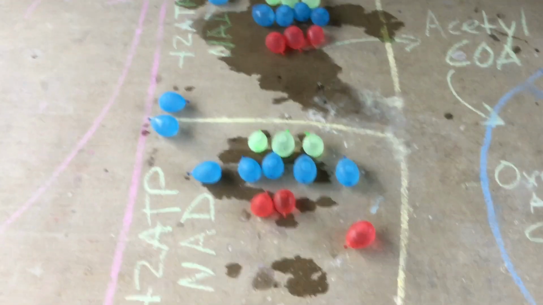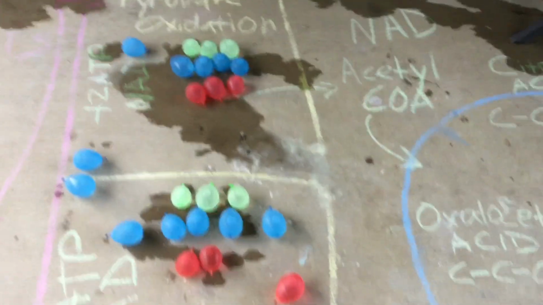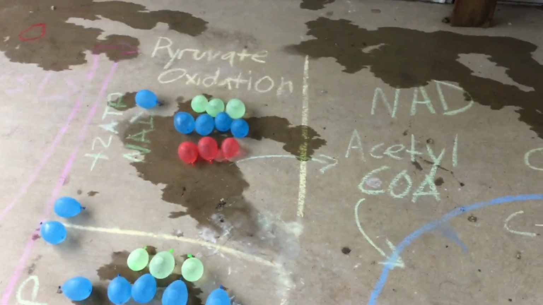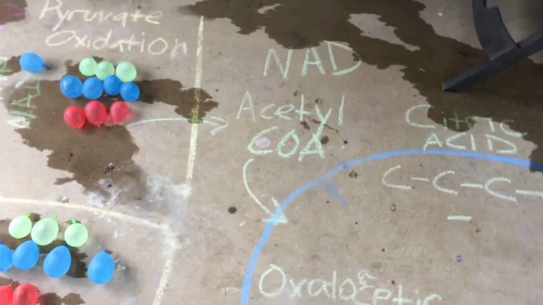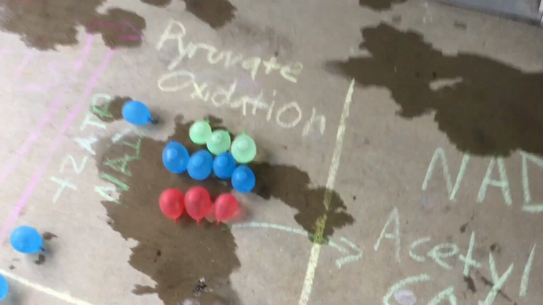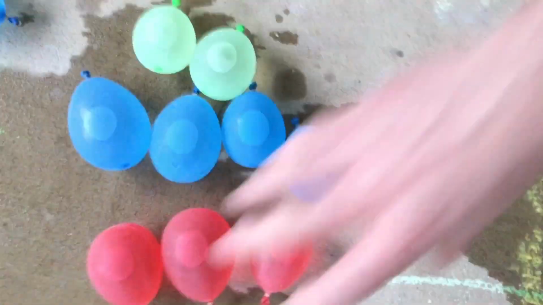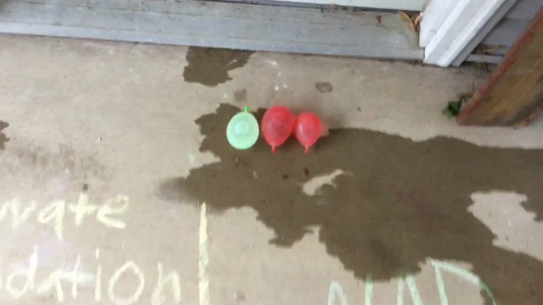And the next part of the oxidation, the pyruvate molecule gets chopped up and becomes acetyl-CoA. Acetyl-CoA is a 2-carbon molecule. So if you look, we have 3 carbons, and in this process of taking one of these carbons off, we're going to take 2 of our oxygens and make CO2.